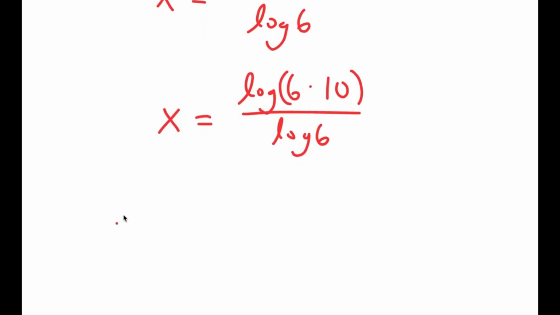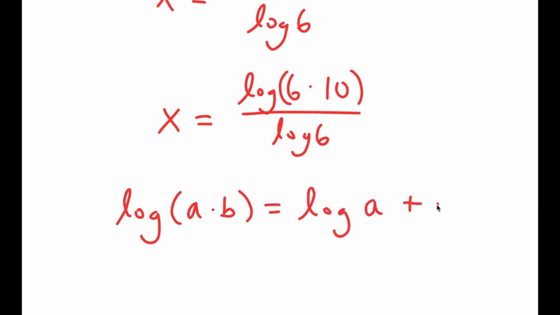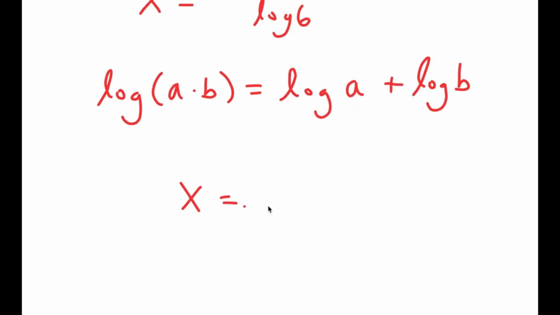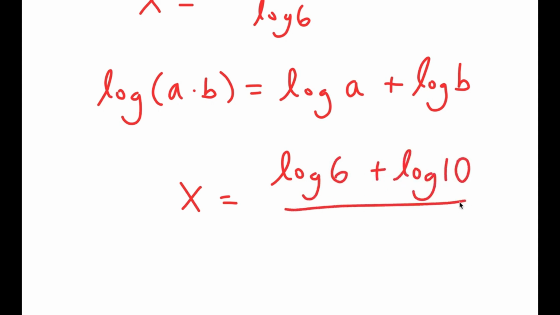And if I have something in the form log of a times b, this is equal to log a plus log b. So log of 6 times 10 is going to equal log 6 plus log 10, all over log 6.